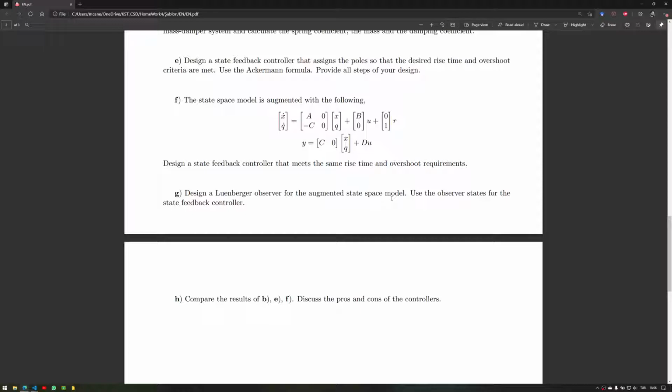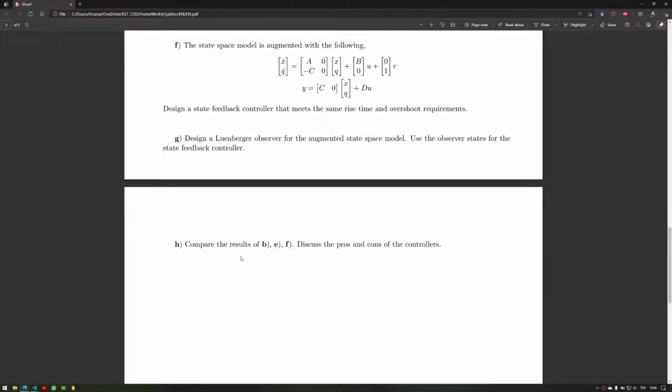If that error dynamic is stable, then we are basically estimating the states. So the question here is to design a Luenberger observer and then construct the feedback law using the state estimations of the Luenberger observer. And of course, since this is a report, you should compare the results of B, E, and F.